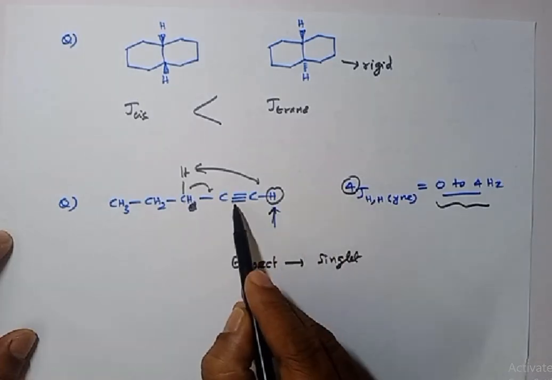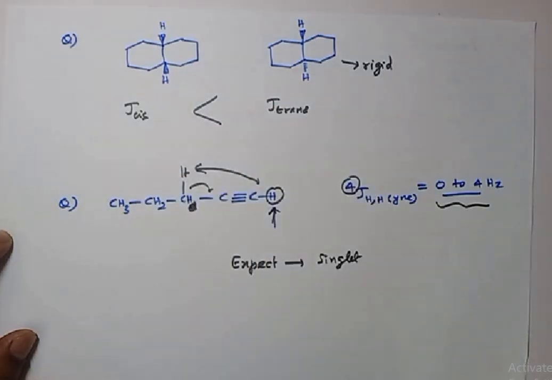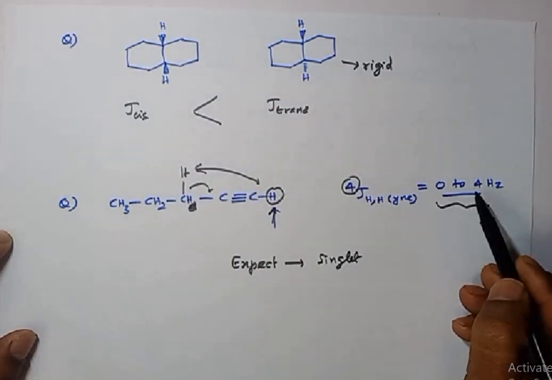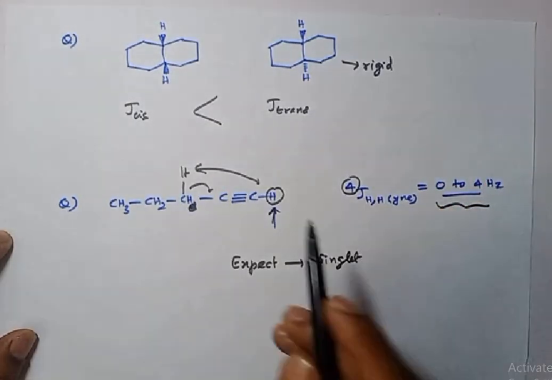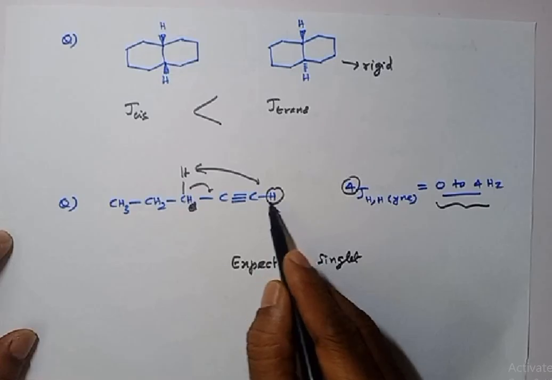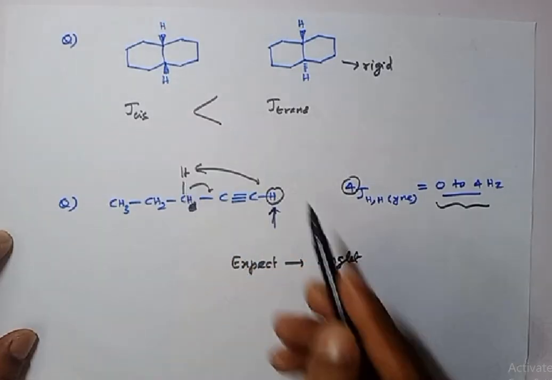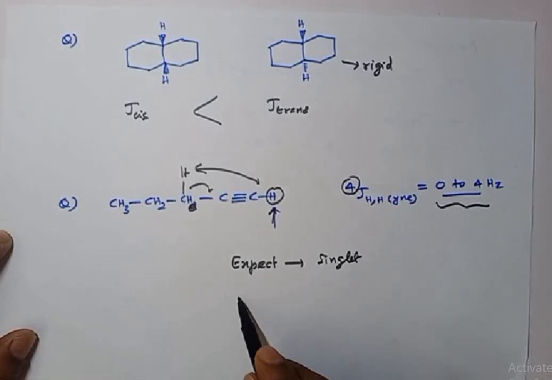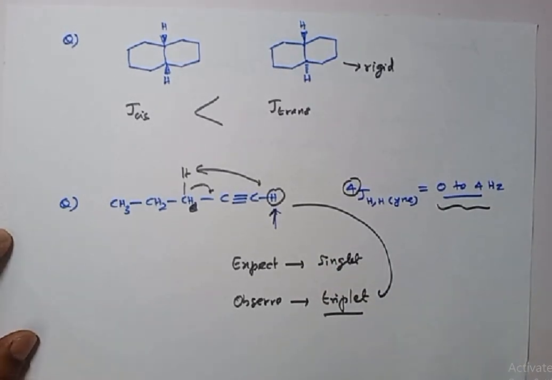In the case of alkynes, this 4-bond coupling will occur, and the value is 0 to 4 Hz, somewhat high. Because of that, the signal of this hydrogen gets split. This carbon has 2 hydrogens, so it splits into a triplet. So what we observe experimentally is that this hydrogen exists as a triplet. It's not a singlet, it is a triplet. Keep this in mind.